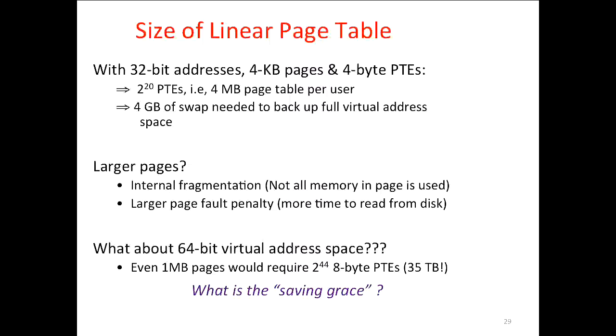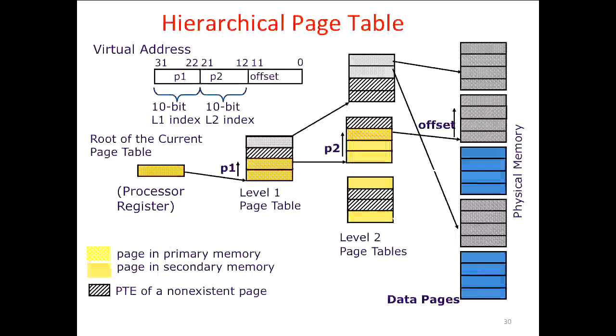So you need a slightly more sophisticated technique, but this can dramatically cut back the amount of space you need for these page tables. A general thing used in nearly all systems is what's called a hierarchical page table. For a 32-bit system, you have a 12-bit offset, then a 20-bit virtual page number. You can break that into two 10-bit level 1 and level 2 indices.